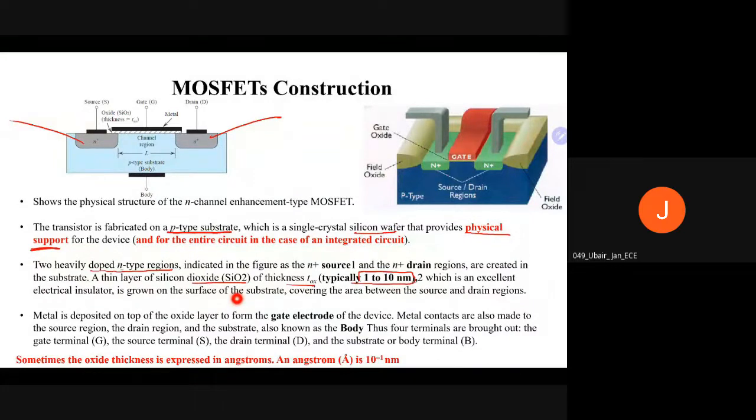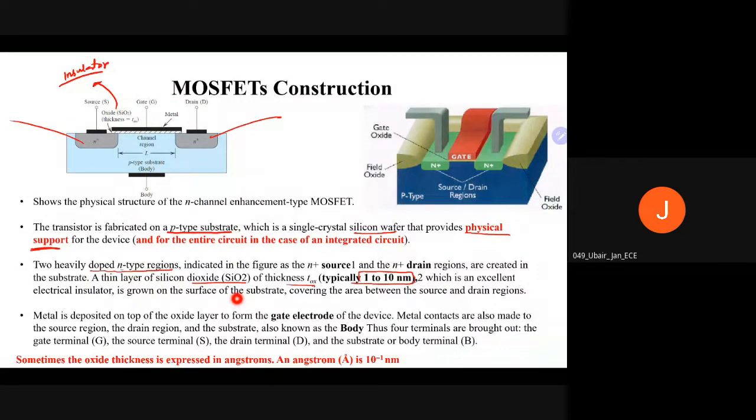So it is very thin, which is an excellent electrical insulator. And this silicon dioxide is electrical insulator also. So in these MOSFETs, please note it down, gate terminal is electrically isolated from rest of the device. तो gate को electrical connection नहीं होता है body के साथ या channel के साथ या source drain के साथ. ये हमेशा electrically isolated होता है.